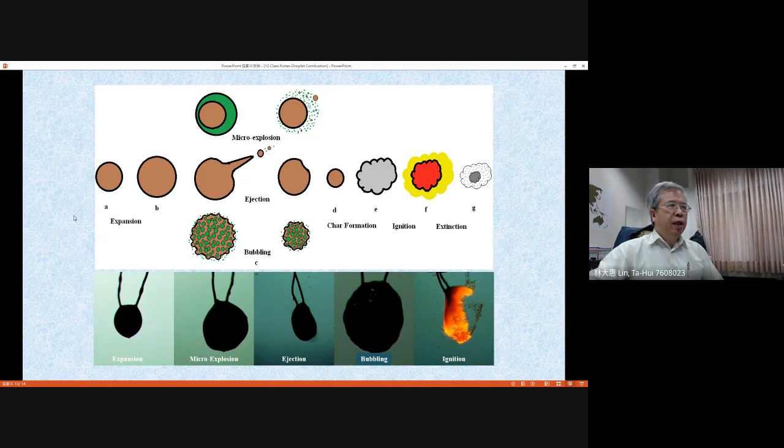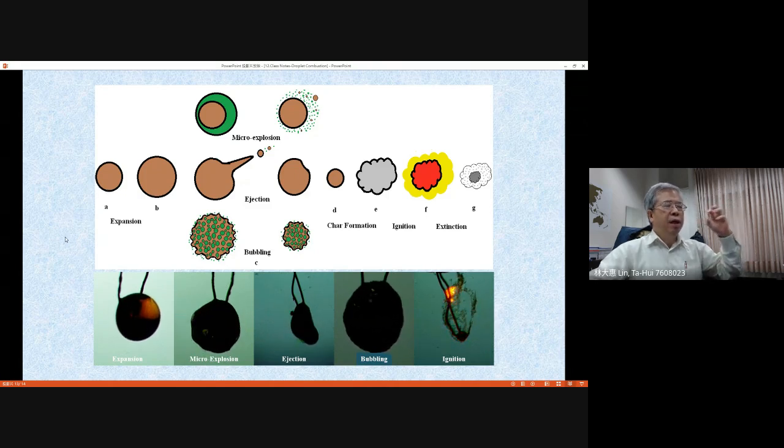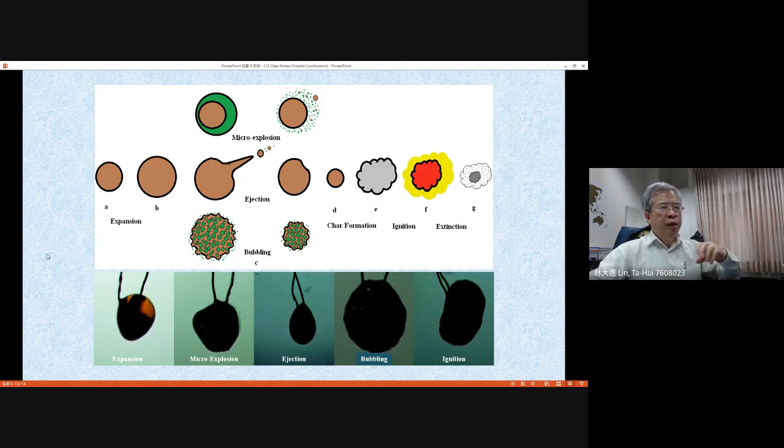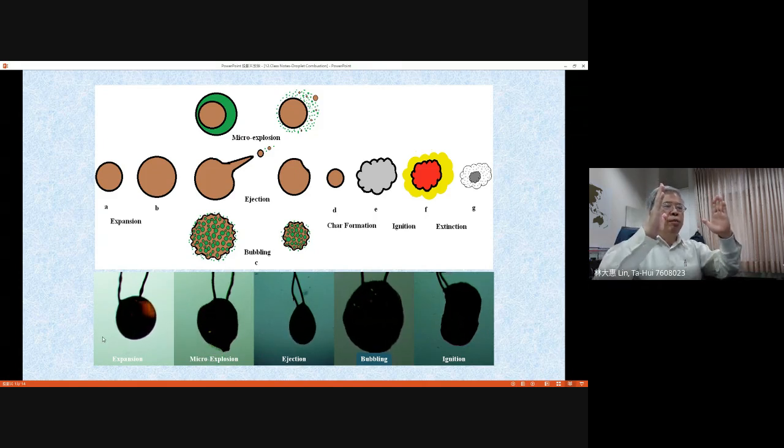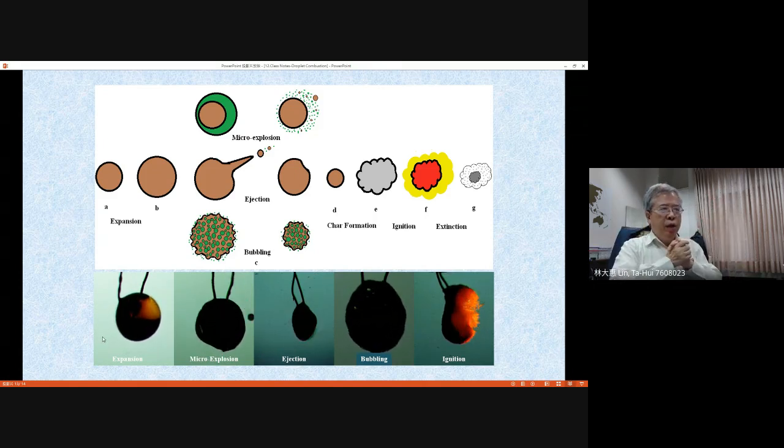Starting from A, this represents initially a very nice spherical droplet. The experiment was executed using two heating plates, as I mentioned earlier. It is a simple experimental apparatus.